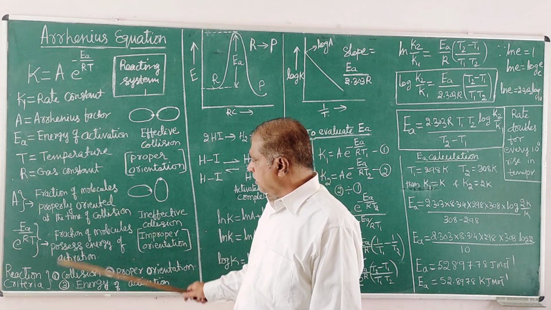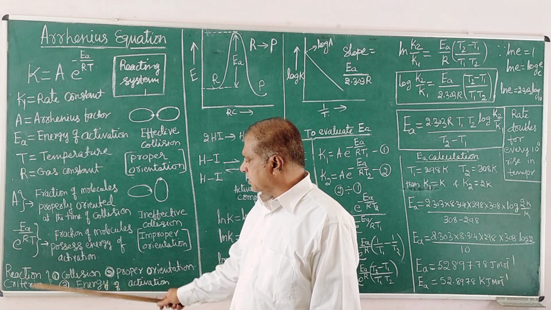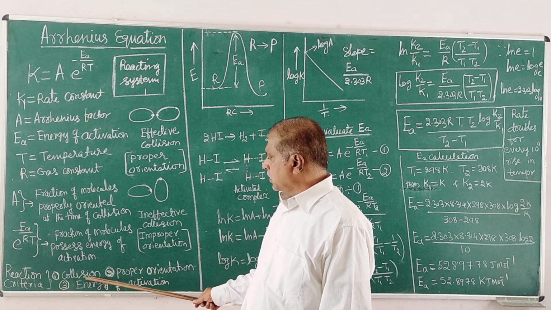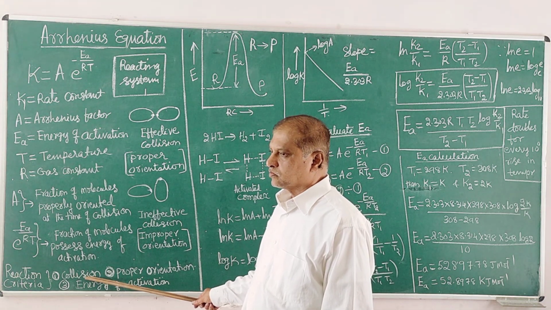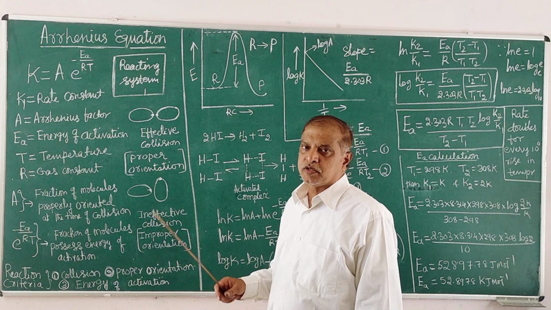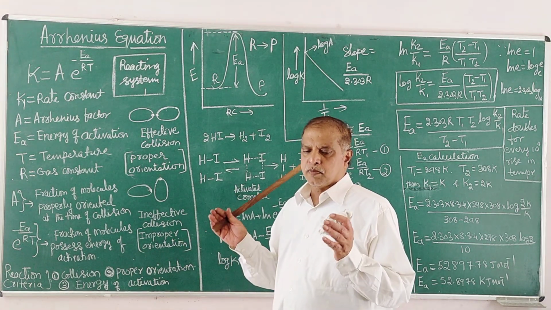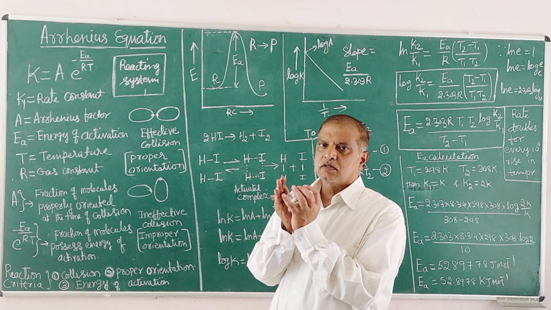The criteria, according to collision theory, is that there must be a collision between the molecules. If there is no collision, no reaction takes place, because the collision brings the molecules to the closest possible distance that is needed.